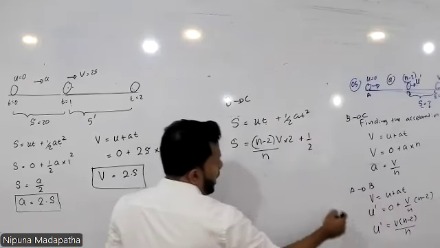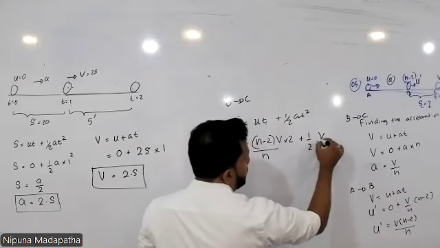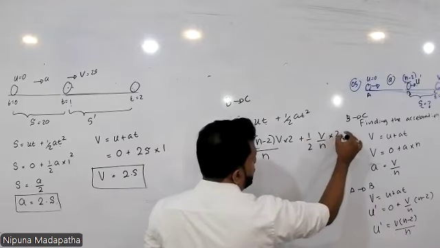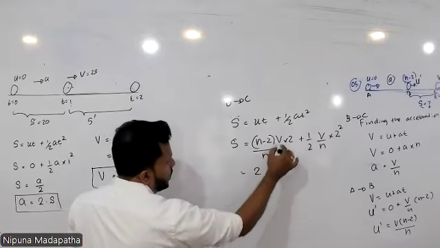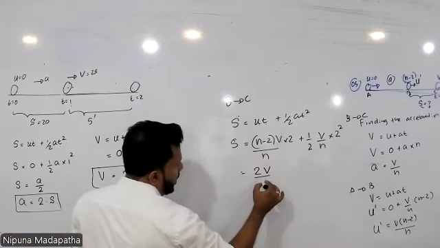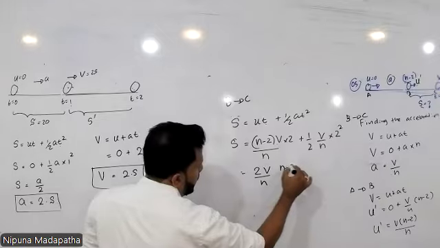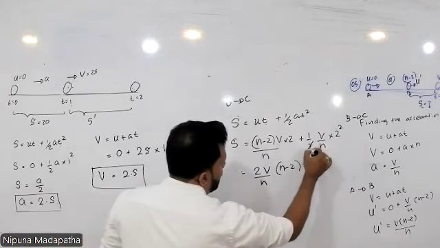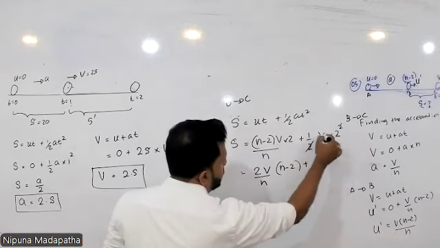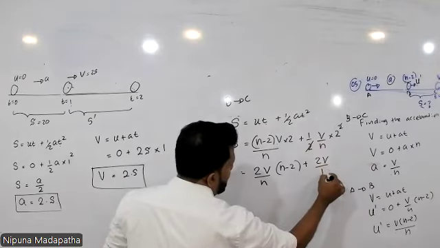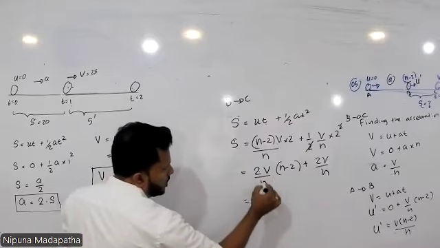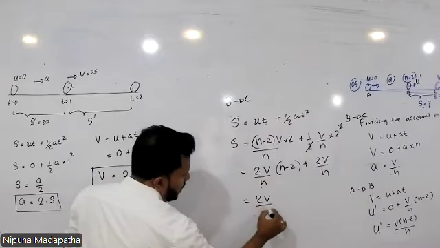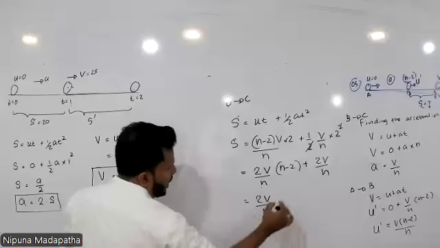Plus half, the acceleration is v over n, the time is 2 squared. So you have 2 times v divided by n times (n minus 2). The 2 will cancel, so again 2v over n. There is a common term in this expression, which is 2v over n.